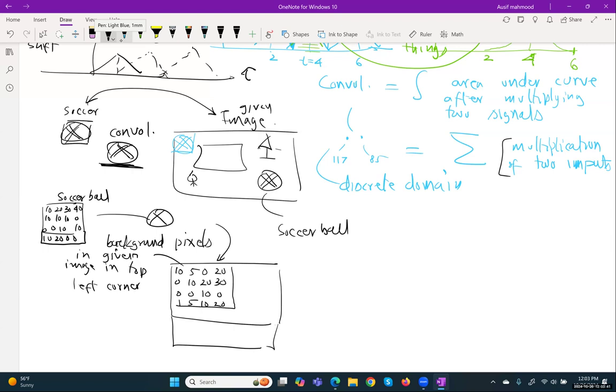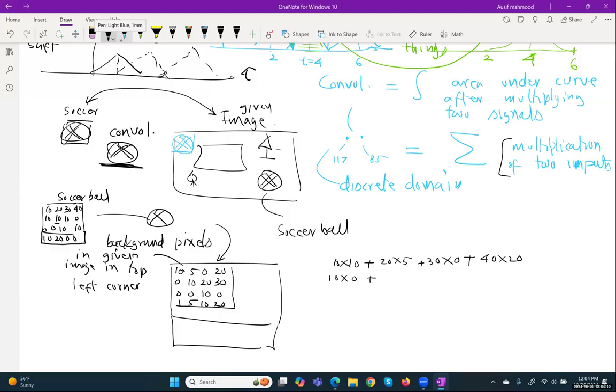So what will happen? I'll do 10 times 10, the first pixel with this pixel. Then multiply the second pixel, 20 with 5, then 30 with 0, then 40 with 20. I go to the next row, 10 with 0.